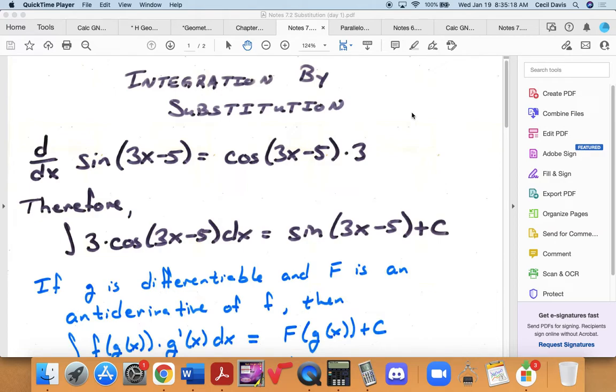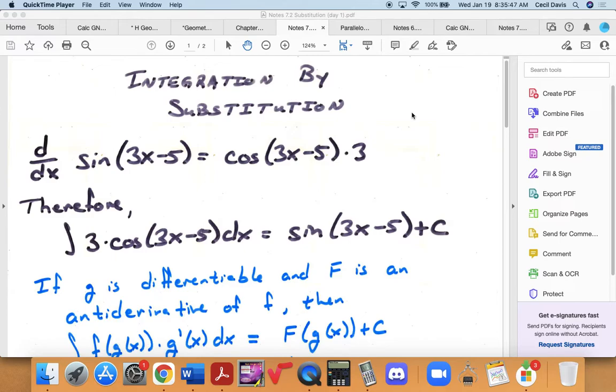But the nice thing about integration by substitution is it takes integrands that are pretty ugly looking because they're big and makes them smaller and easier to look at. So we'll do these by substitution, but I'll also show you ways of getting around that. And if you can think of how to undo the chain rule, it's almost always faster.